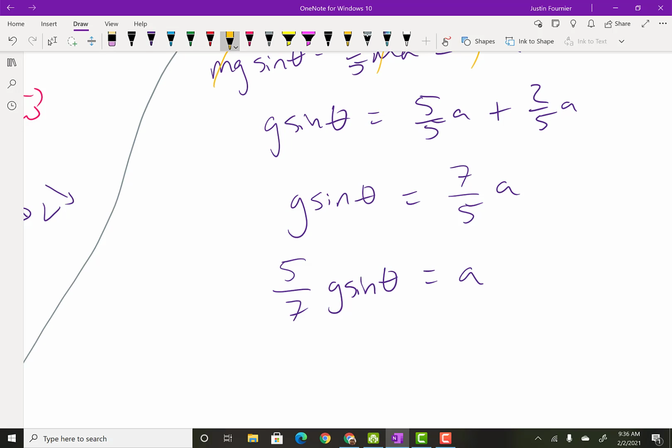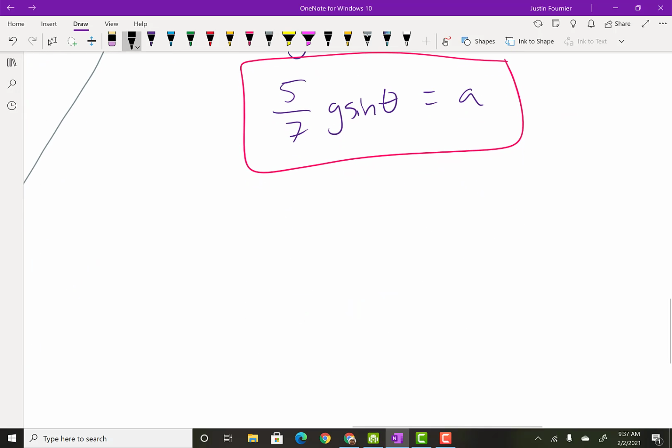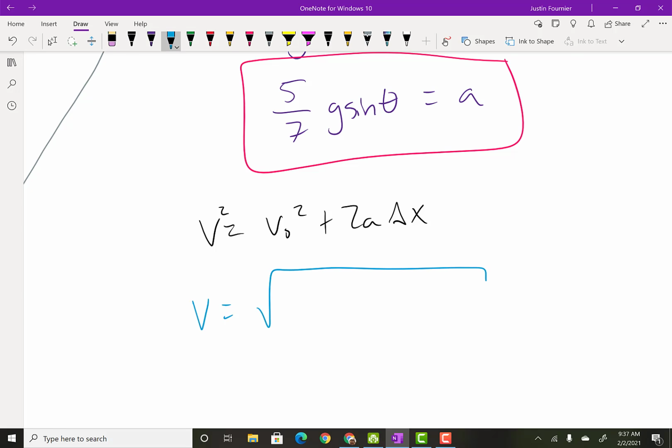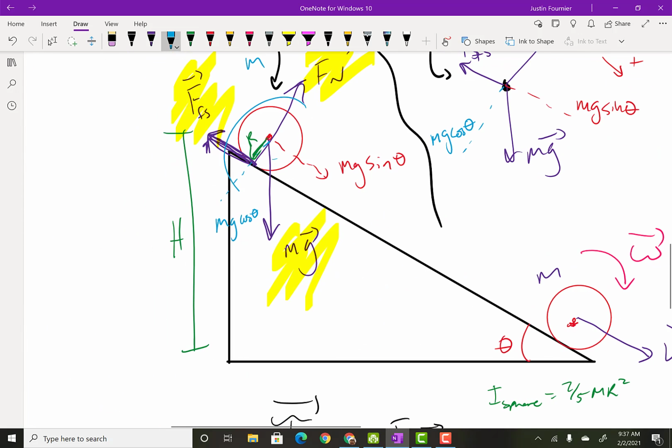And I'm going to now plug this into a kinematic equation. The kinematic equation I'm going to use is v squared equals v naught squared plus 2a delta x. Take the square root of everything. The initial velocity, this starts at rest, right?